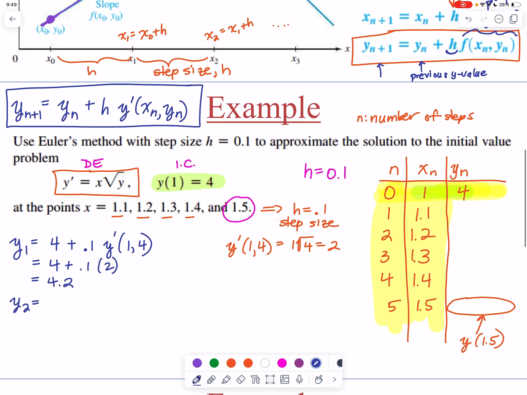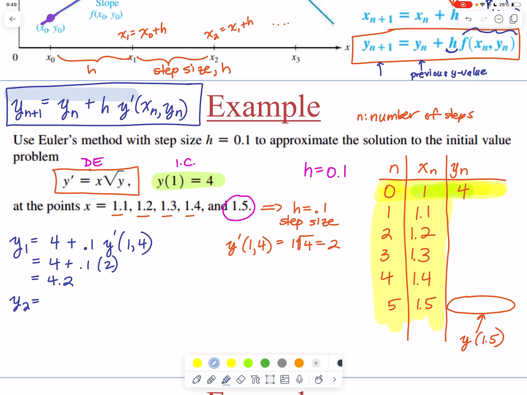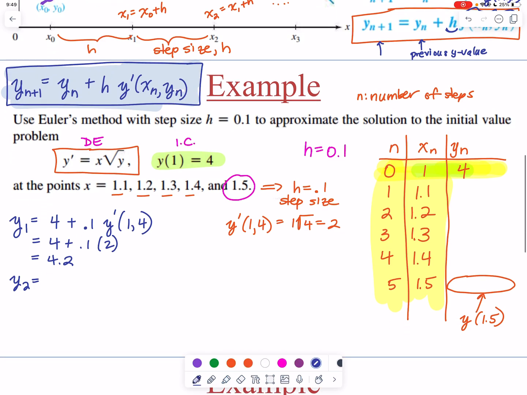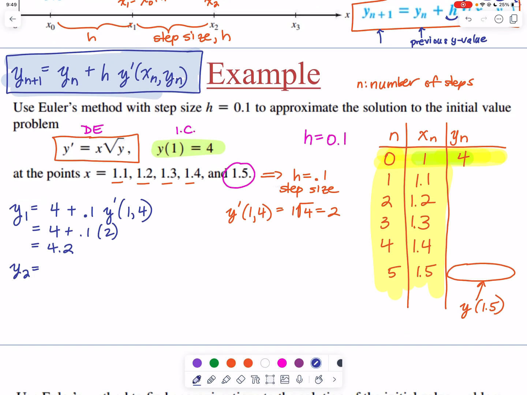Okay, so we have y sub 2 is the previous y value. I wanted to put 4.2 here. So that's going to be 4.2. Our step size is still 0.1. And now we're going to have y prime evaluated at 1.1, 4.2.